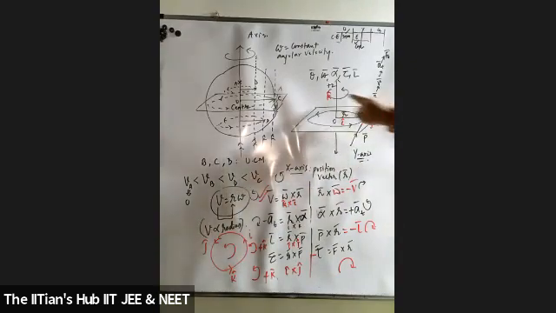If this is linear displacement, then this is angular displacement; if this is linear velocity, then this is angular velocity; if this is linear momentum, then this is angular momentum; if this is linear or tangential acceleration, then this is angular acceleration; if this is tangential force, then this is rotational force, torque. And these are the mathematical relations of that. Clear? Yes, sir. Can I erase this, students?